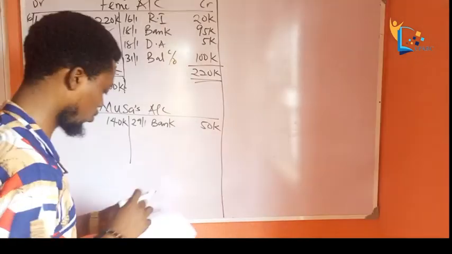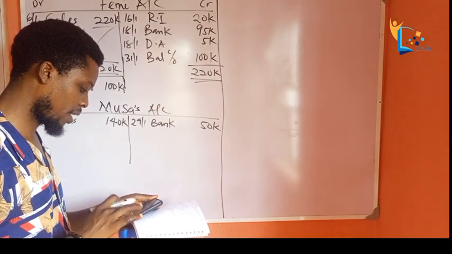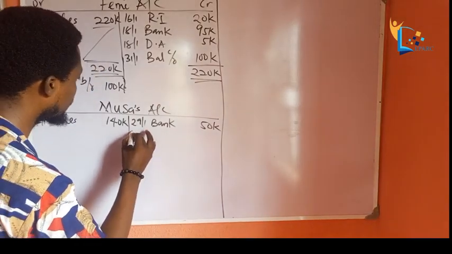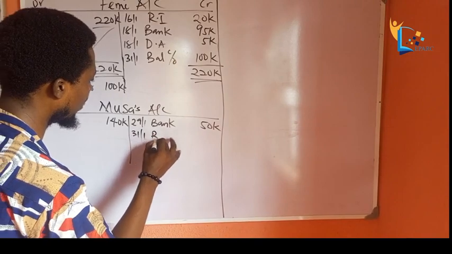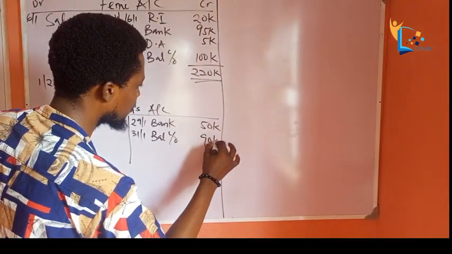So 140K minus 50,000, we have 90,000. So our balance carried down, 31st of January, is 90,000.